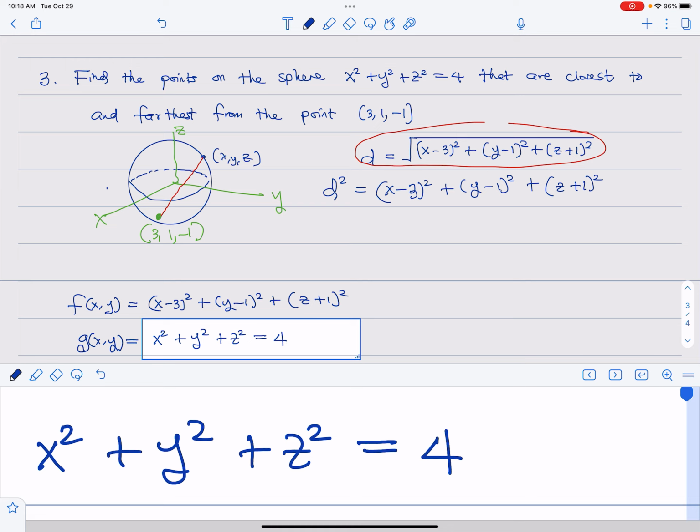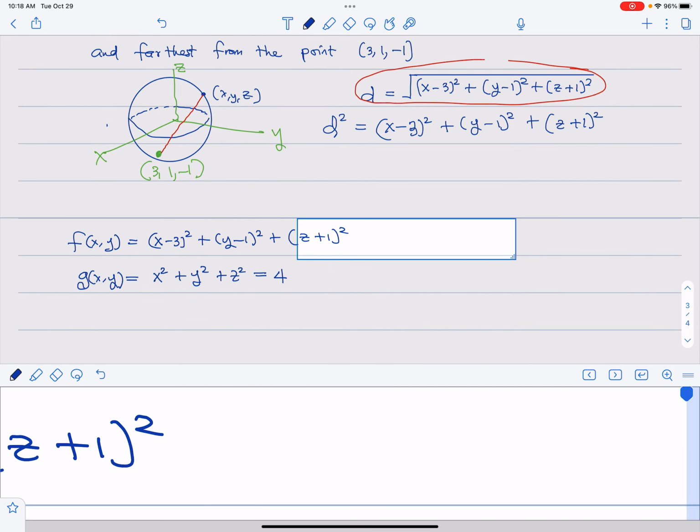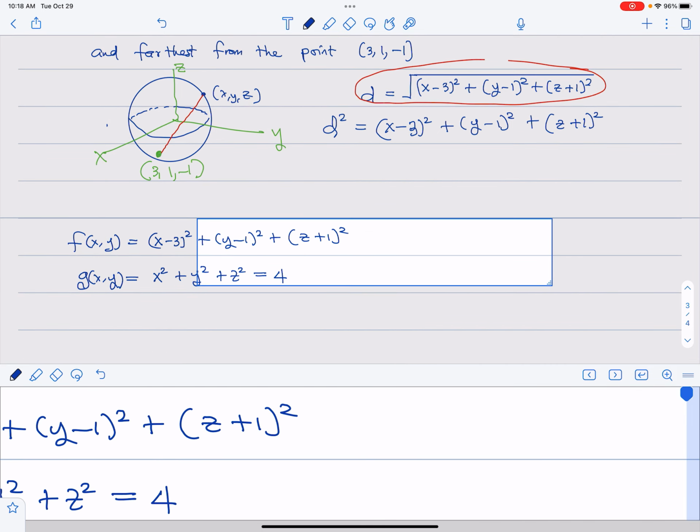Our constraint is just the sphere itself. So we're looking for the maximum value of this function, restricted to the sphere. So this is our objective function, and this is our constraint function.